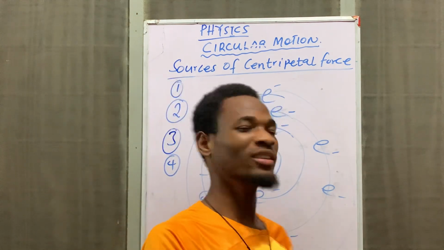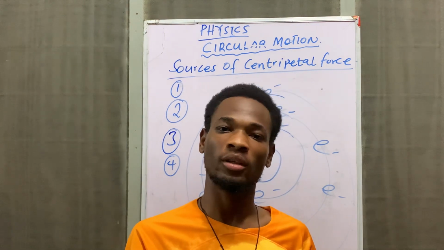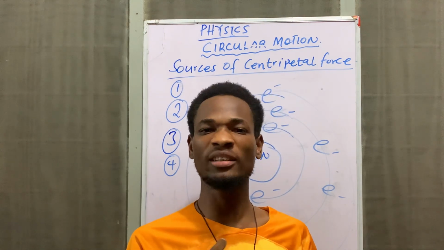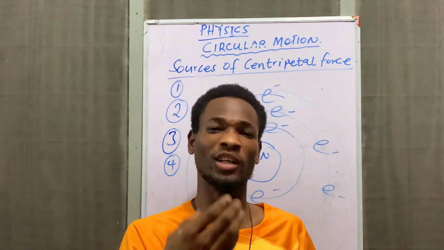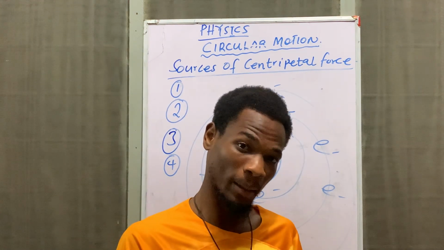Now, before these electrons can perform circular motion, it means they have to produce their own centripetal force. How do they produce their own force over here?